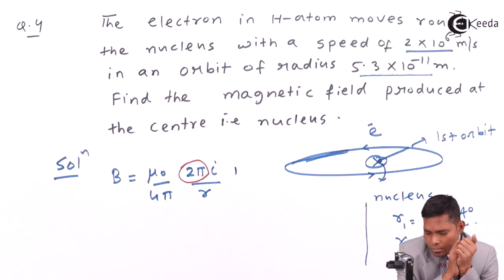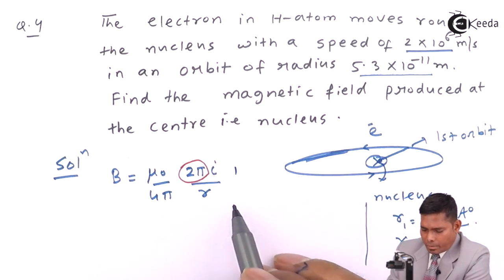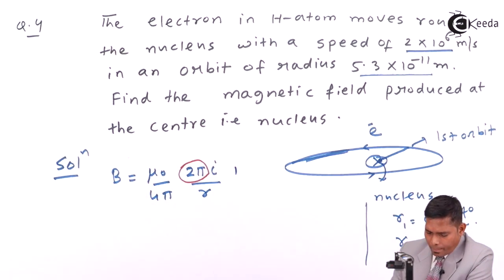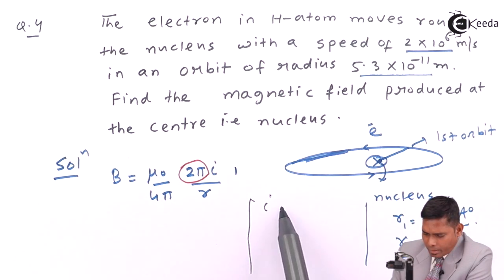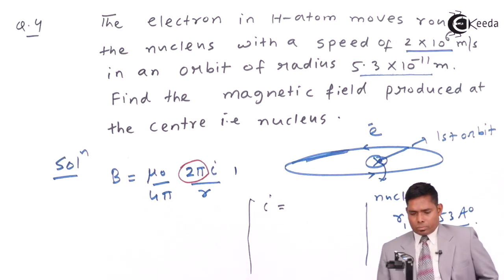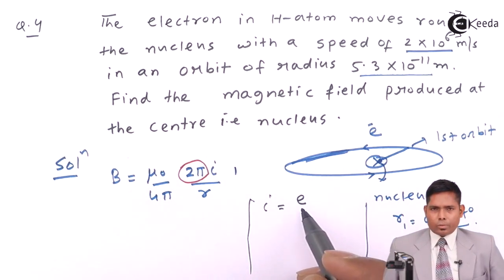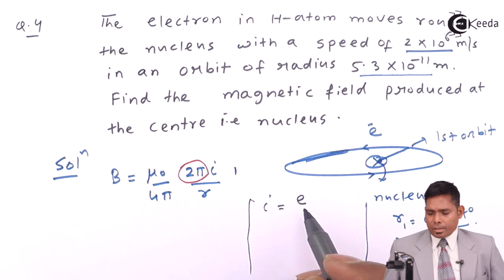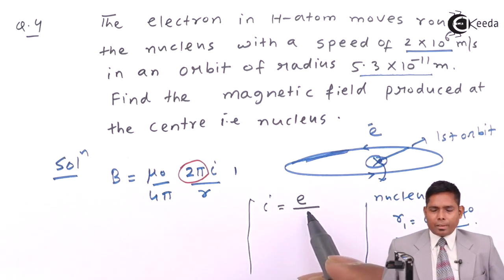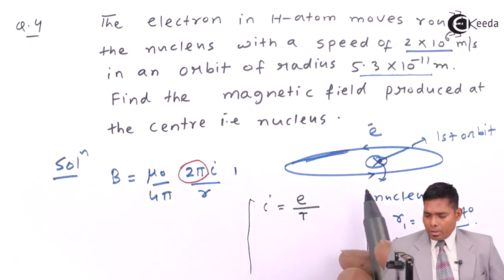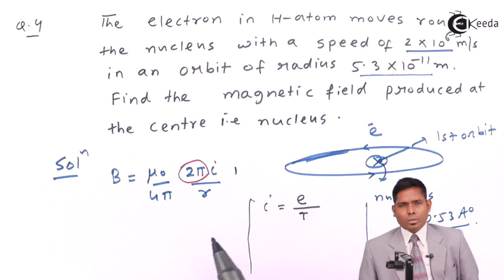Now, how to get current from the speed? That I is required. How to find I? Now, I'll just write I for you. The I is the charge that is moving, that is the electron. One electron is there in the hydrogen atom, divided by the time in one complete rotation.